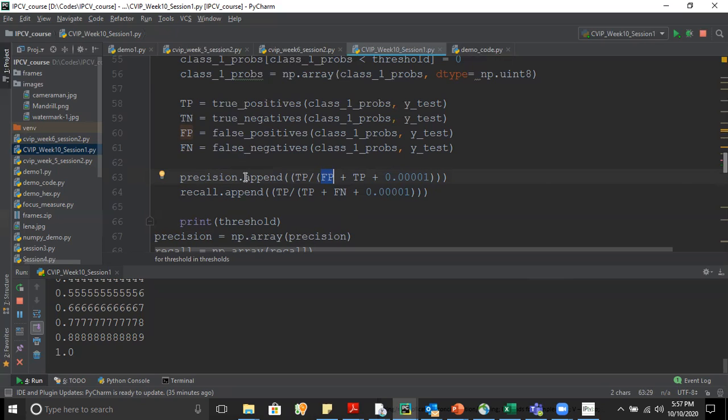So can you tell me now, how should the precision value be in an ideal scenario, whether you need to have it as high or low? High. Yeah, we need to have a high precision, right? Yes. For an ideal machine learning system, you need more correctly classified examples rather than incorrectly classified examples.